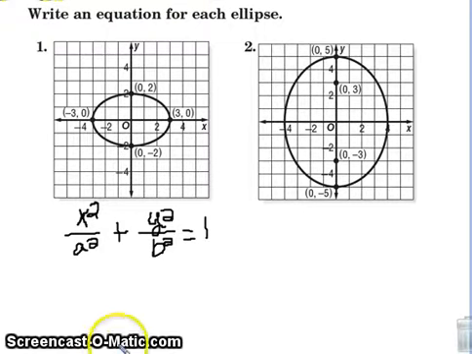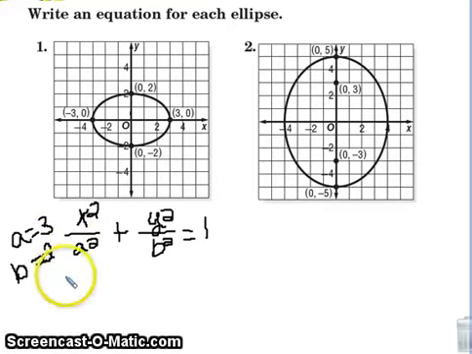So A is going to come from my major axis. So what is my A going to be? 3. Good, Zach. So my A is going to be 3. My B is going to be what? Well, B comes from my minor axis, so it's just going to be 2.